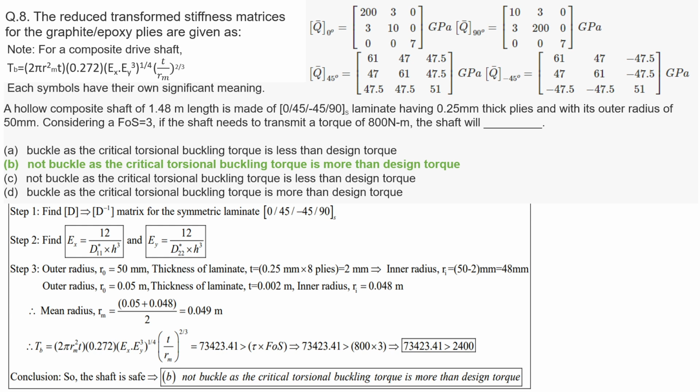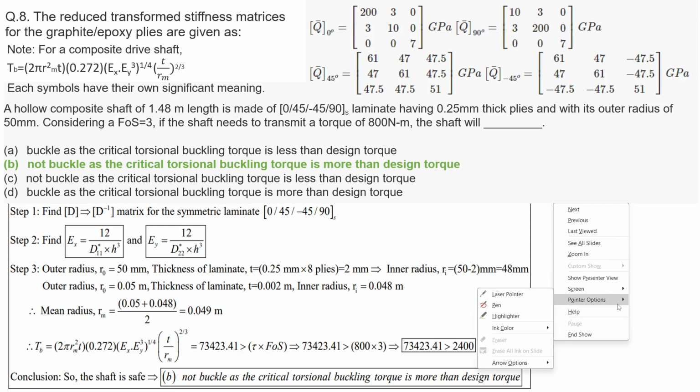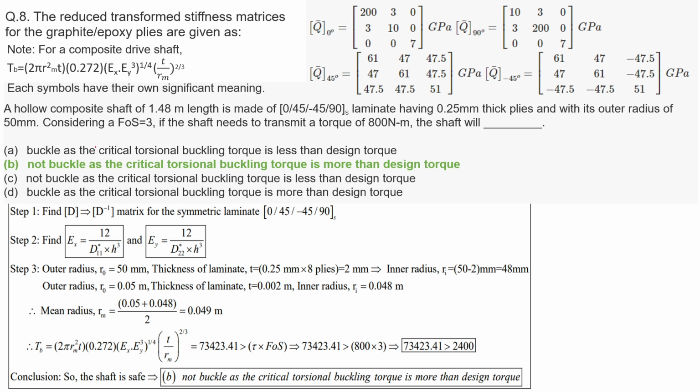And we have to use this mean radius in the equation, so this equation is used to find the critical torsion value.